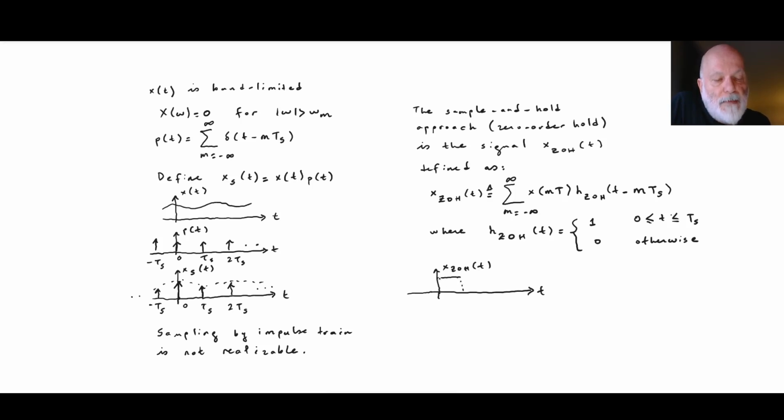We sample the value of x at t equal to 0 and keep it for ts time units, and then we take the sample at ts and keep it for the next ts time units, up to 2ts, and then sample again and keep it for the next ts units up to 3ts, and so on. Similarly, we do this for all time samples.